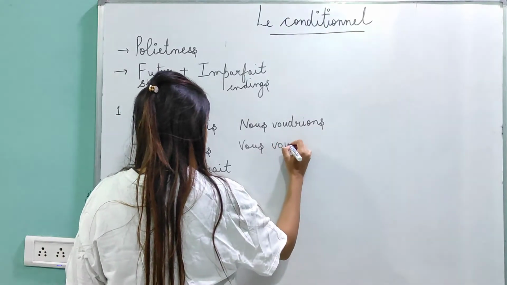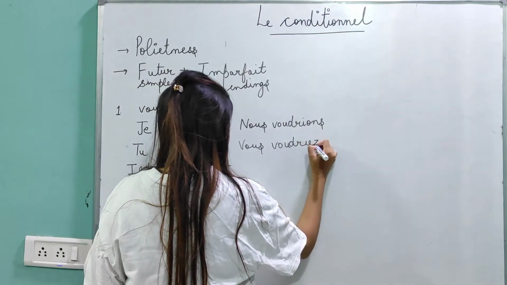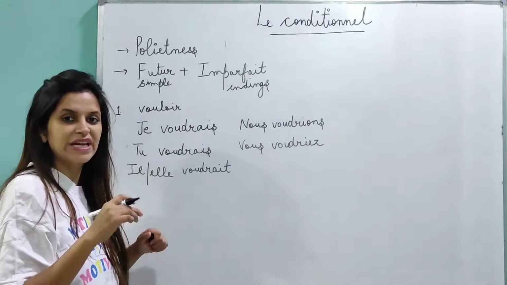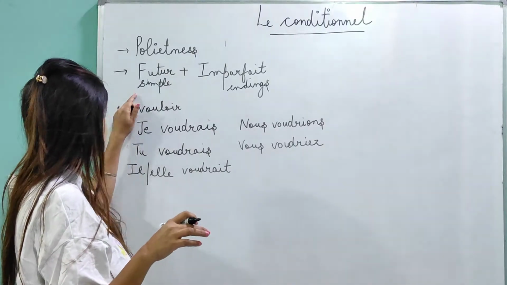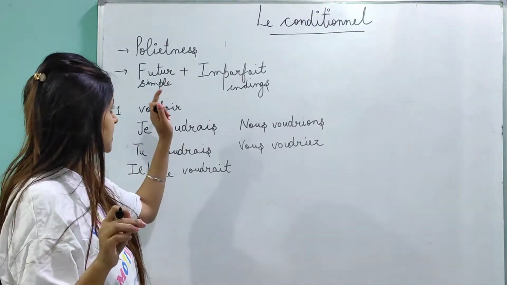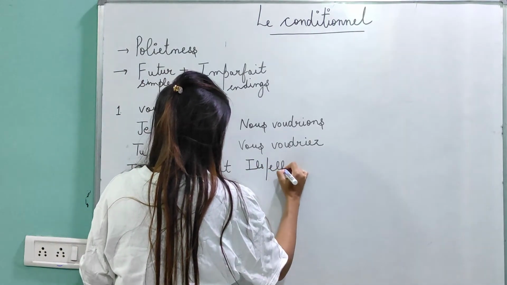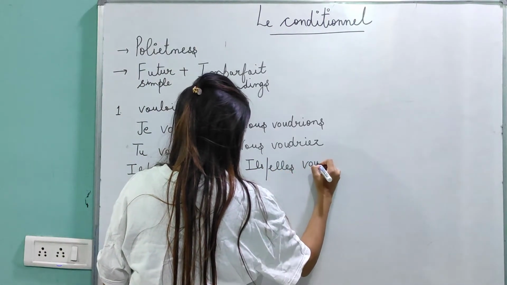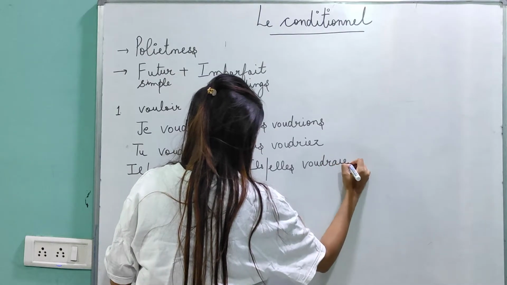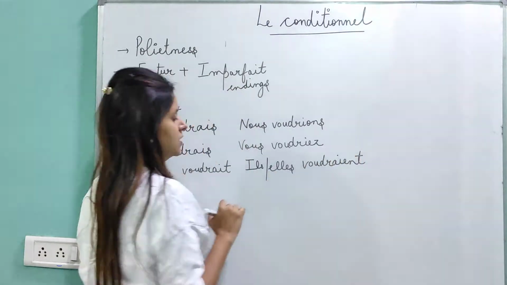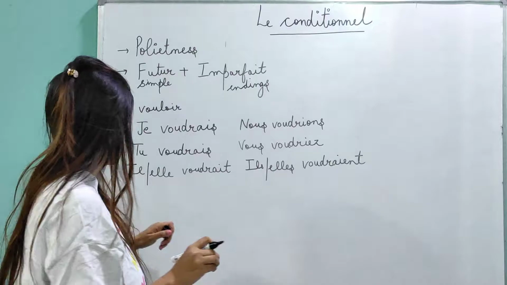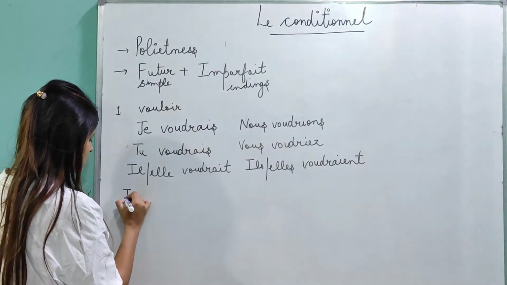Vous, voudriez. So with this method, you can conjugate any verb in conditional. Just take the future simple plus imperfect ending. And the last one is AIENT.